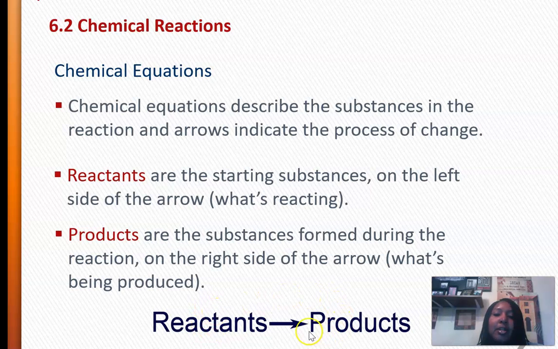The products are the substances that are formed during the reaction, and they are usually on the right side of the arrow. So whatever's being produced are the products, and the reactants are the starting materials. You can look at this arrow as an equal sign. The reactants will yield the products or produce the products.